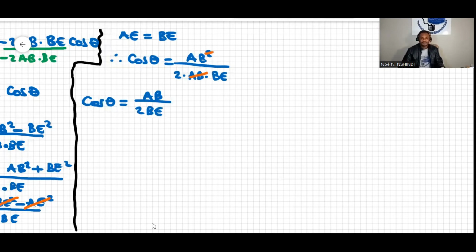and then this will be AB over 2BE. Then we did find already the value of BE earlier, and we also know the value of AB, so we can just substitute. Then cos of theta will be equal to, let's double check. I want to replace the triangle here. Let's just see the values.